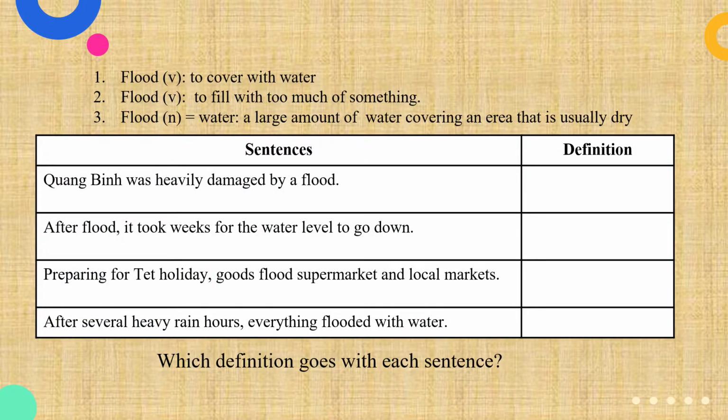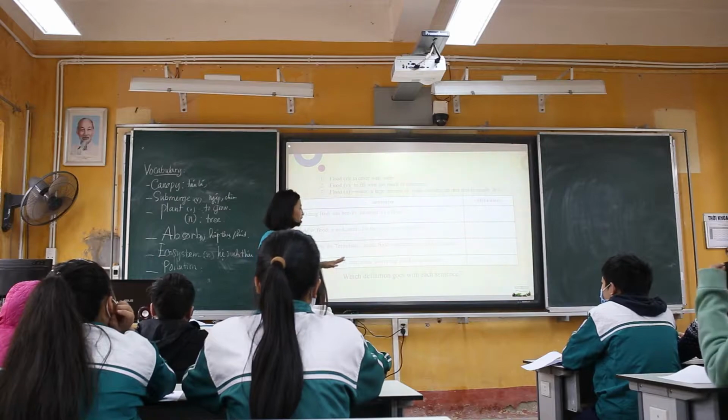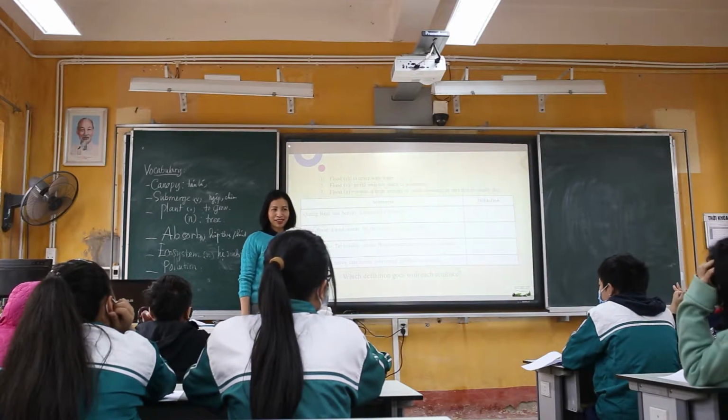In the table, I have many sentences. Read the definitions and these sentences carefully. Which definition goes with each sentence?